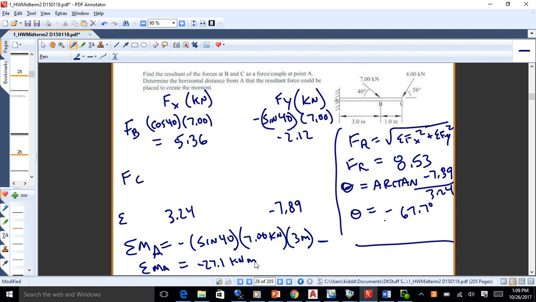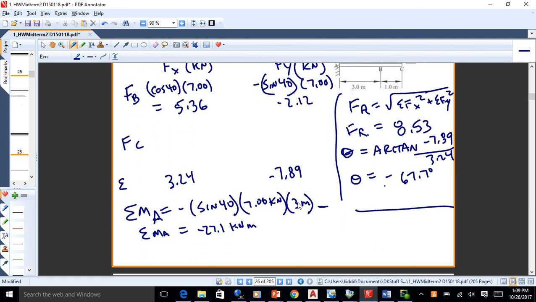And then the last part of this is to come up with the distance that resultant force would be from A in order to cause the moment. So what we've got here is this sketch, and what we found is that we have a net force of 8.53.